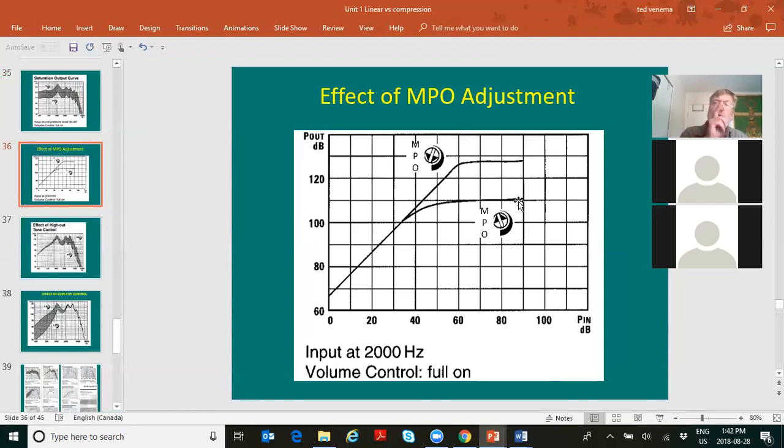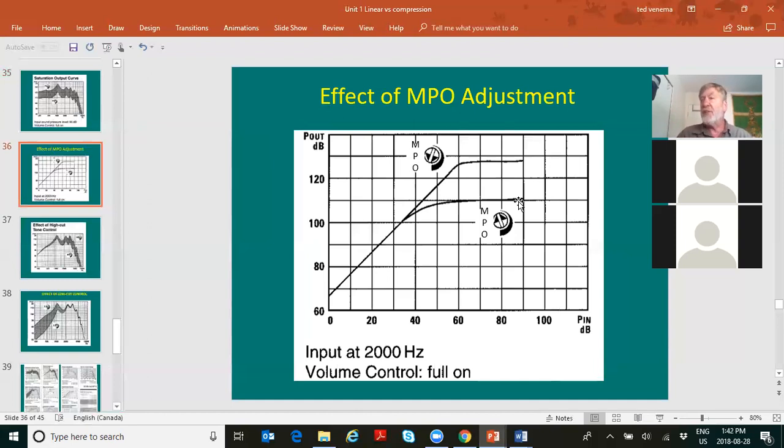And how did we choose which MPO we wanted? You looked at the uncomfortable loudness level of the client. Say it was around 100 dB HL, and you should add about 10 to 15 to that, because the difference between HL and SPL for the speech frequencies is an average of 10 to 15.